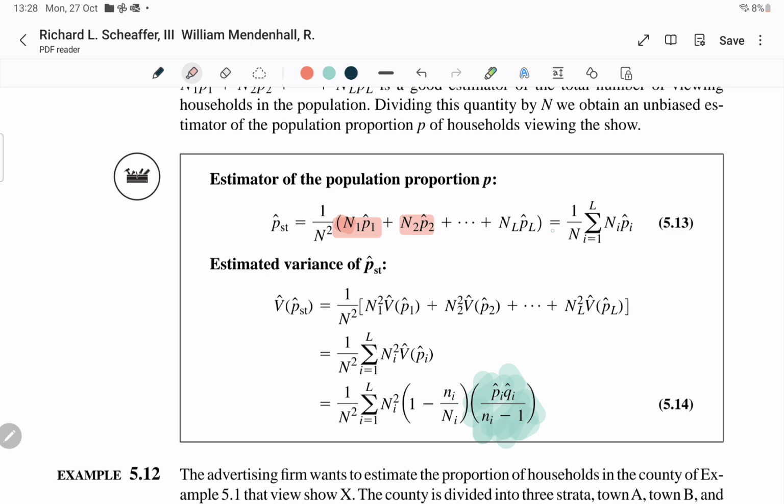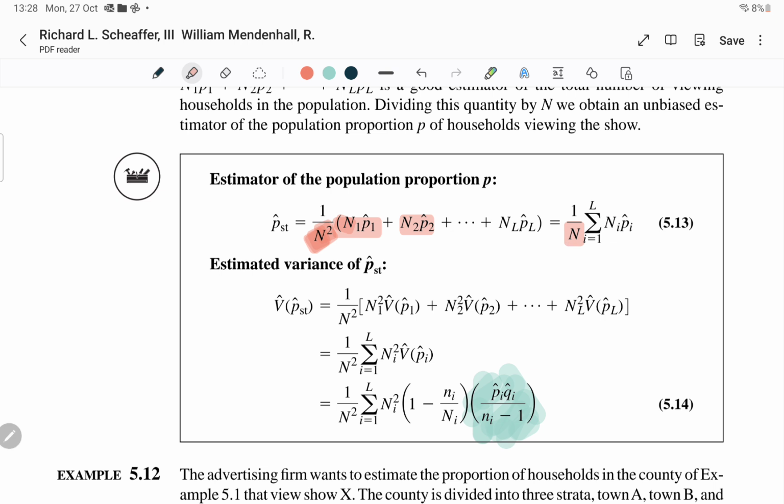This N square should not be here. Don't use this N square, only use 1 over N, because this question is not relating to the variance, it is relating to the average, so only 1 over N is needed.